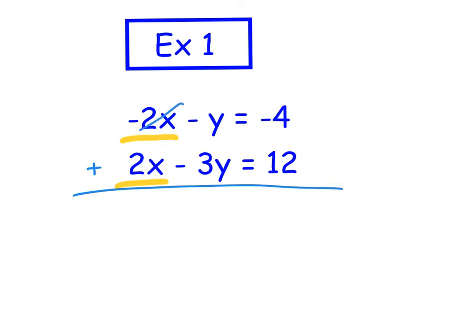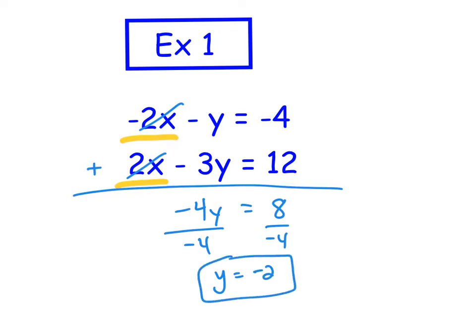When we do that, the two x's cancel out. Negative y plus negative 3y is negative 4y. And negative 4 plus 12 is 8. So I'm going to divide by negative 4 on both sides, and I get y equals negative 2.